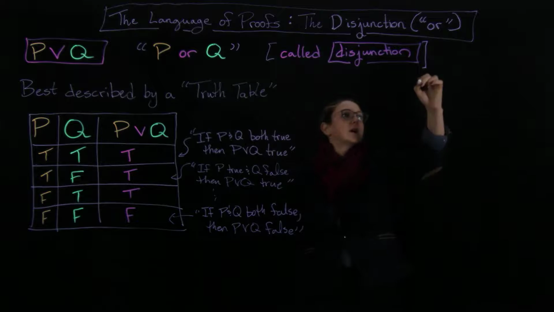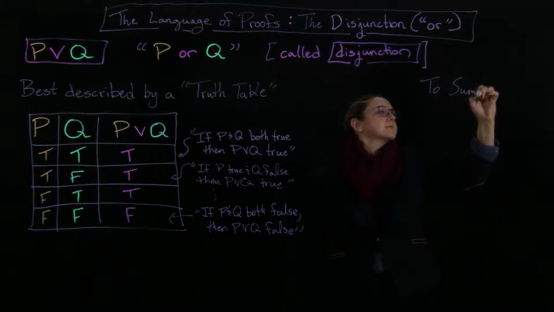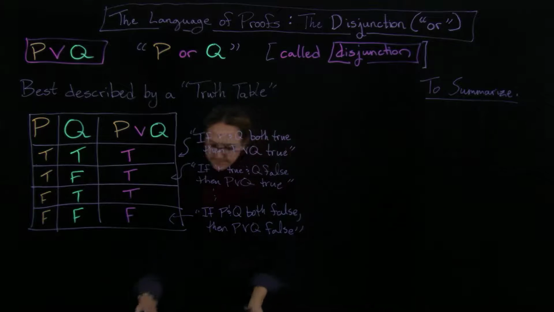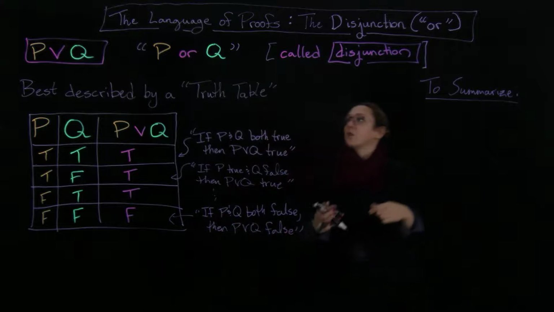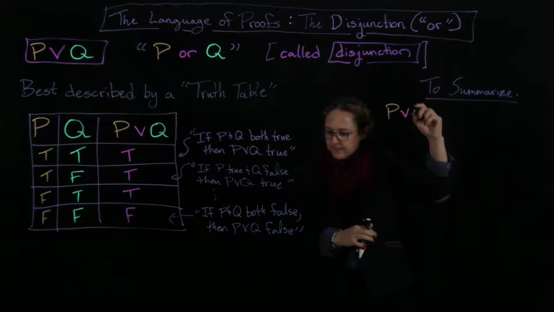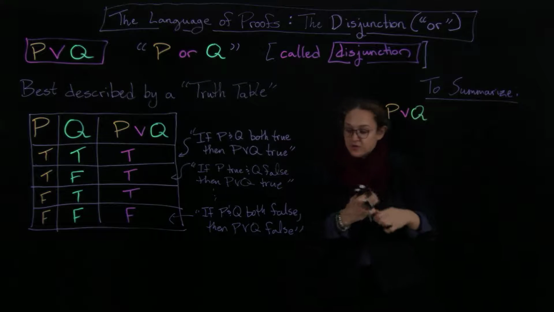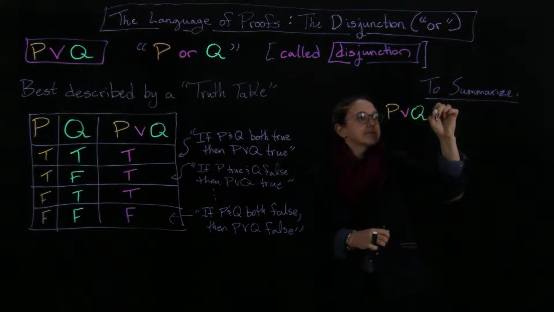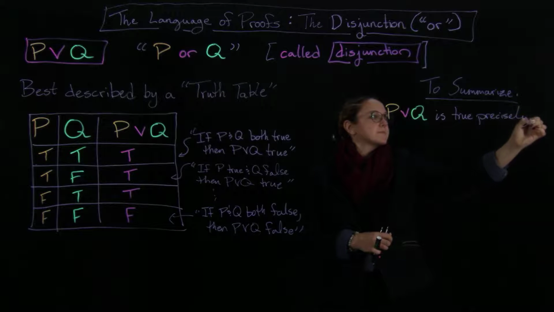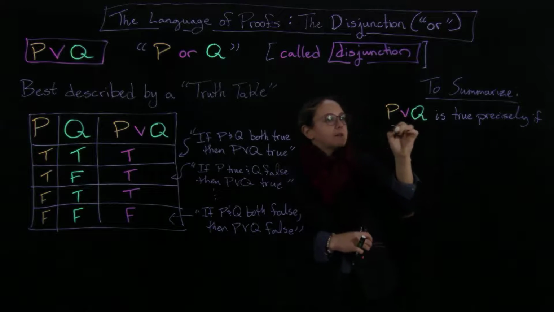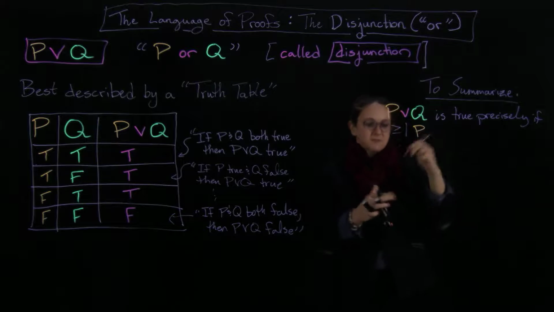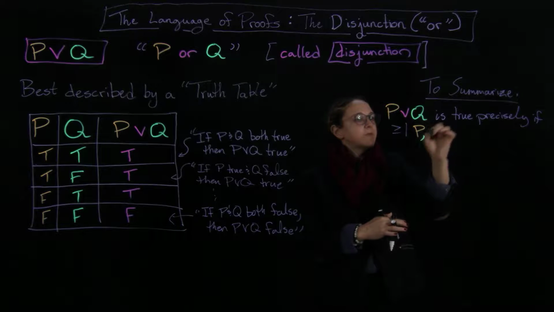To summarize, P or Q is true precisely if at least one of P or Q is true.